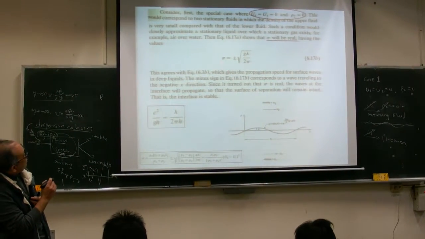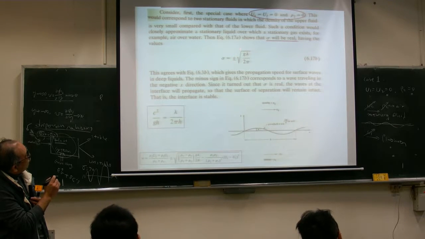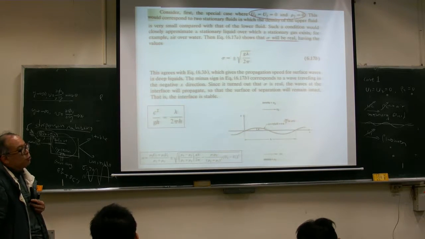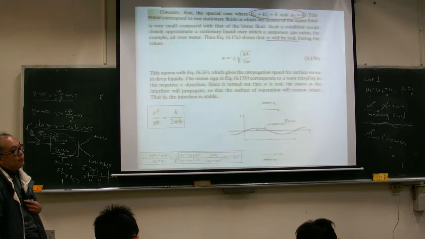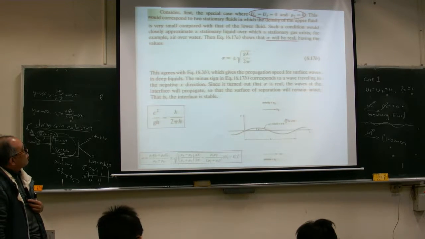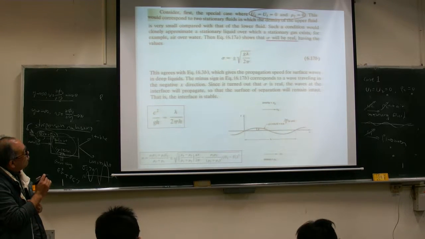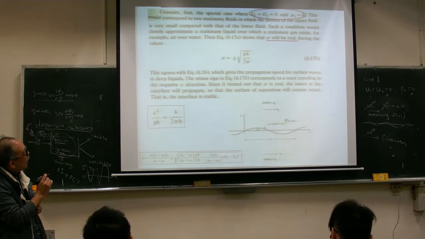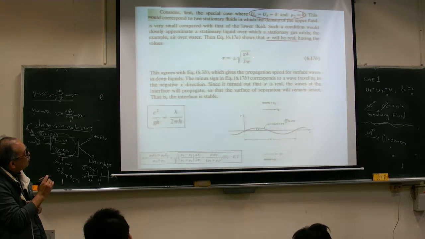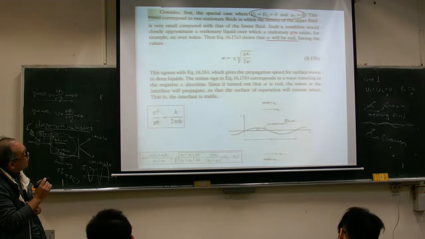So our sigma is equal to plus or minus the square root of G lambda over 2 pi. As you can see, it's just like a traveling wave, since our sigma is only sigma r, because we don't have an imaginary part. It's a real number.